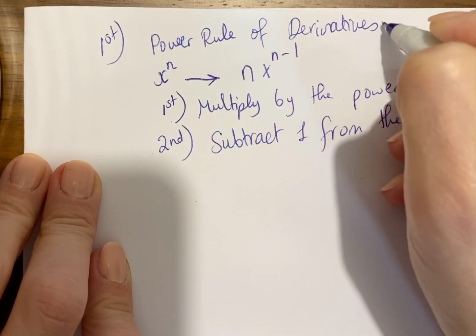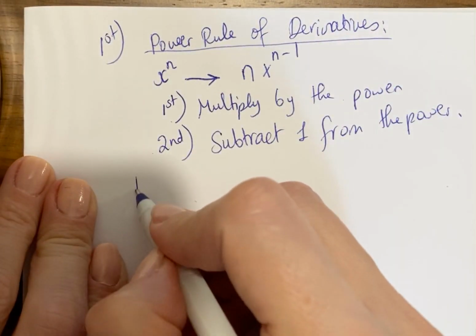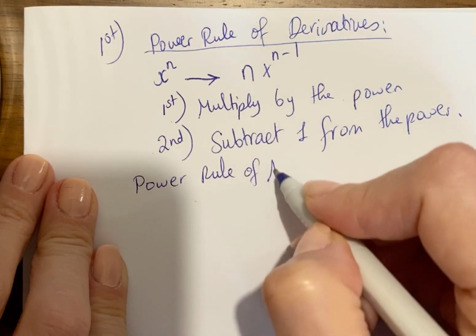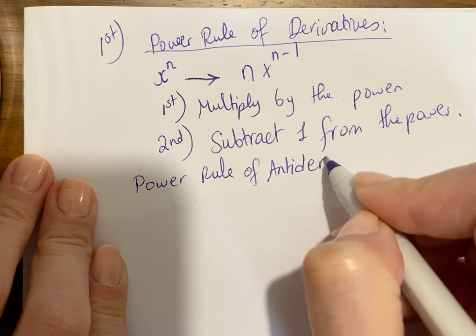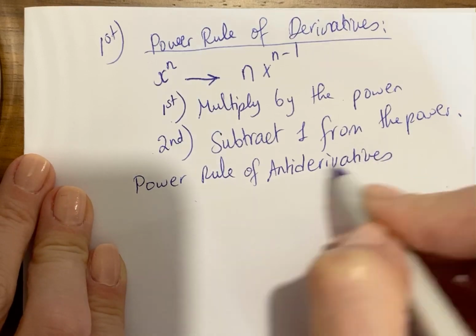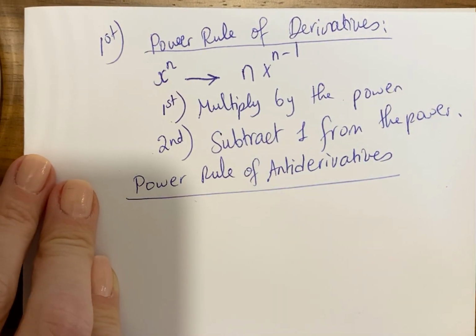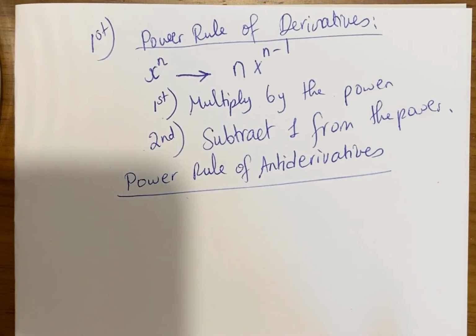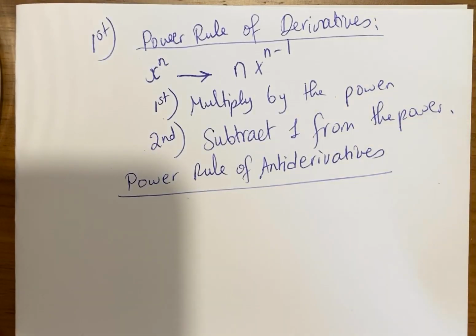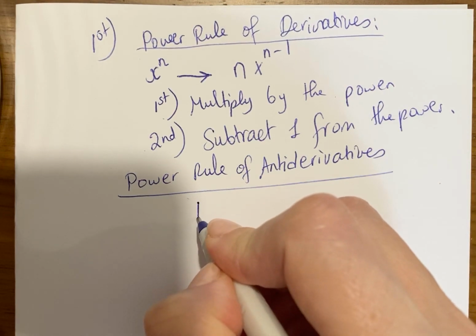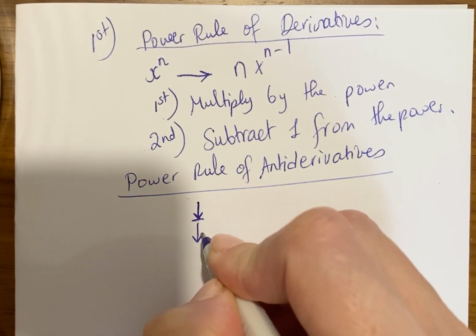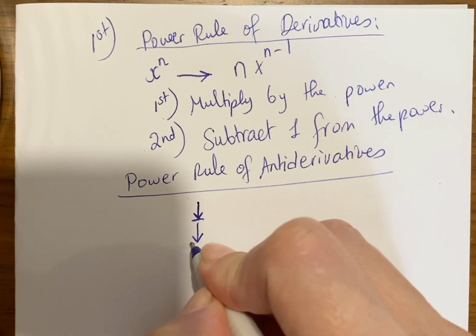What I want to do now is create the power rule of antiderivatives. Anti means going backwards. It means that we are going to undo what we have done before. To undo something, imagine you walk one step, then you walk another step to make 2 steps in total.